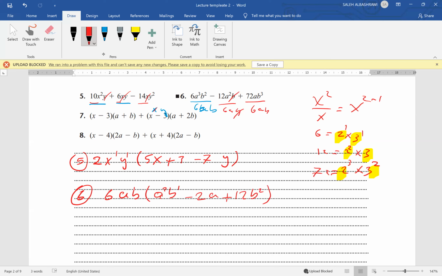For question number 7, the common is x minus 3 and x minus 3. We can see x minus 3 is common, so this will be the greatest common factor. Take x minus 3 as a common factor. Now if we divide by x minus 3, this will cancel with this one. So I will have a plus b.